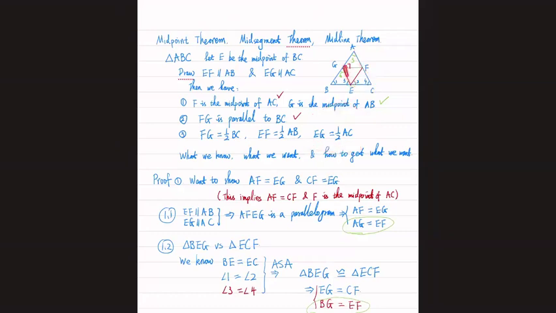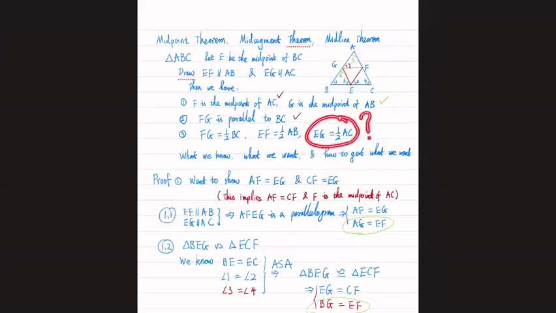Aaron, have any thoughts on this? Oh yeah, angle 7's sort of corresponding with. No, a different question. EG is half of AC. So how do we check this?